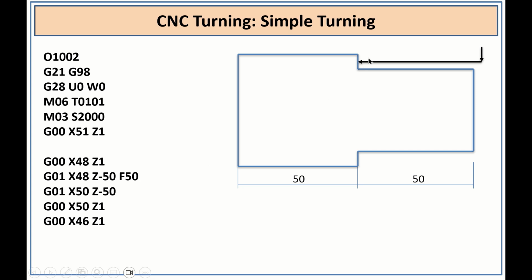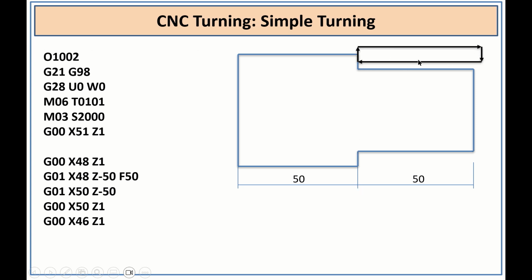Now after the tool comes here, it will remove one layer of material on the workpiece and it needs to go back to its original position. For that it will first come to X equal to 50 and Z-50, and it will go to rapid travel G00 X50 Z1. So it will go to here. Then one cycle is completed.